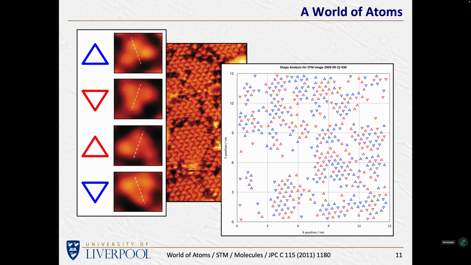But once I had done this analysis and extracted that information, the image on the right-hand side is a representation of those molecular orientations, and now it's easier for humans to look at that and say, is there a particular pattern? Are there more blues than reds? Are there more triangles pointing up than pointing down? It turns out that there was quite a mix of both, but we didn't know that until we actually did the image analysis.